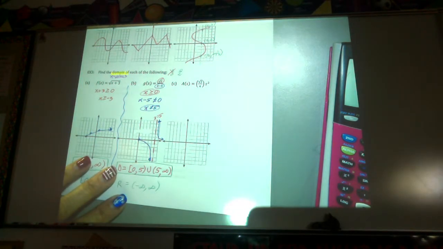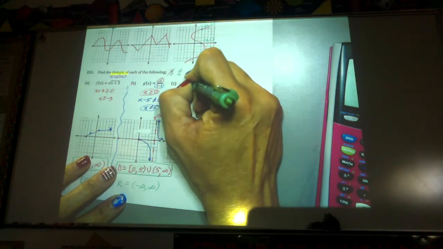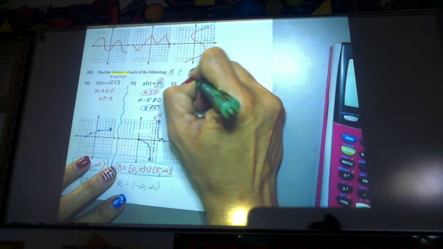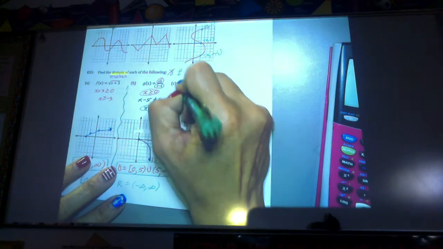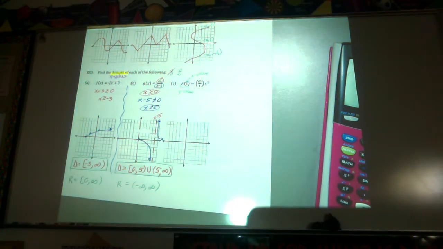So s is actually your x value. The s right here means that we're calling x now s. So this is your x value. The A of s, the whole thing, that's your y value. That function notation, A of s, is your y value. The s itself is telling you that that's our input, and x is always our input.